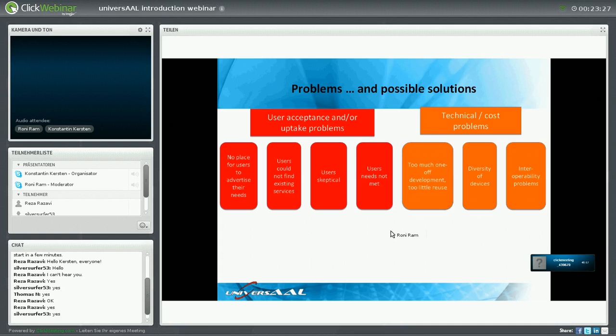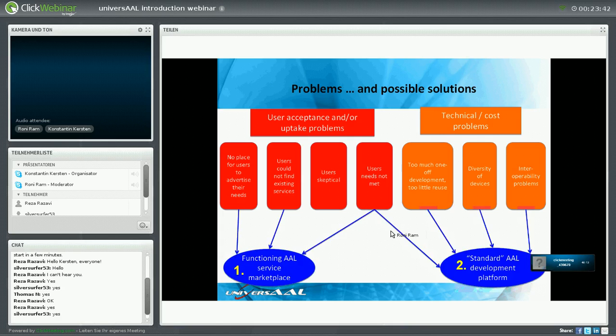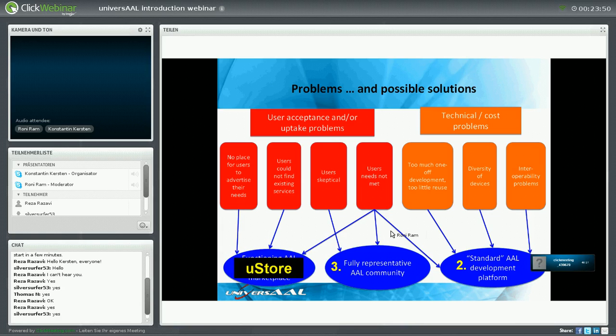From the technical side, there are issues such as too much one-off development, almost with no reuse, and diversity of devices which causes interoperability problems. The possible solutions are marketplace, standard development platform, and a fully representative AAL community. And these are achieved by UStore, universAAL Platform, and ALOA.